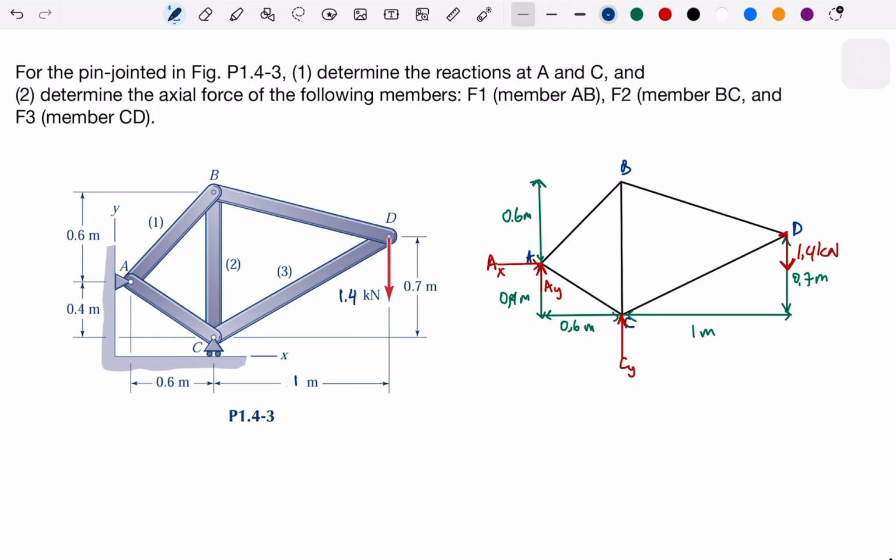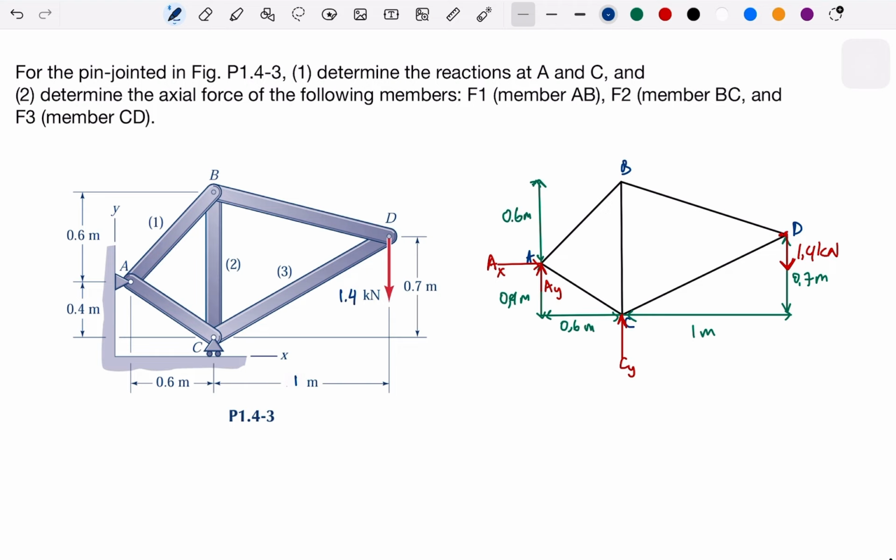Okay. Now, the question is asking. The first question is reactions. So reaction at A and C. So first we have this as an external load. So we are going to use sigma moment directly because we have distances. Okay, we have distances, we have external loads.